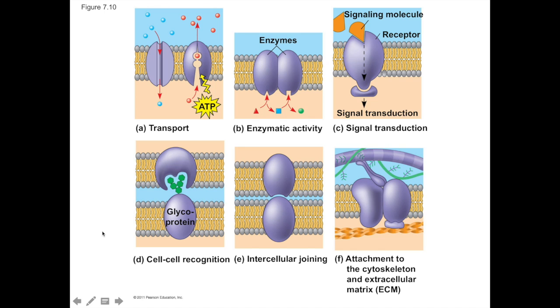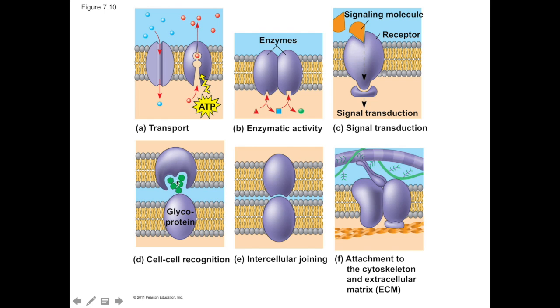Another function of these plasma membrane proteins is that they can serve like the numbers on your house. They can help cells to recognize each other. In this case, we've got a glycoprotein, a protein with some carbohydrates on it. Remember that glyco means sugar-like.